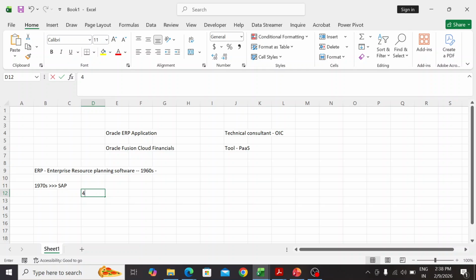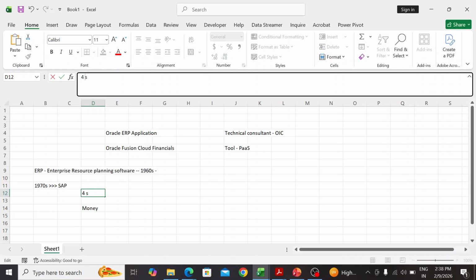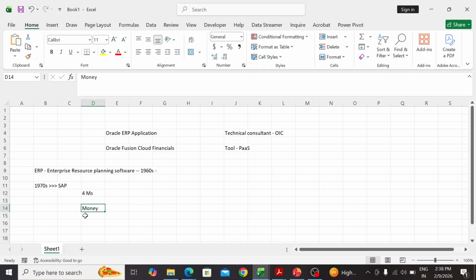In simple words, they categorize it into four M's: money, men, machines, and material.